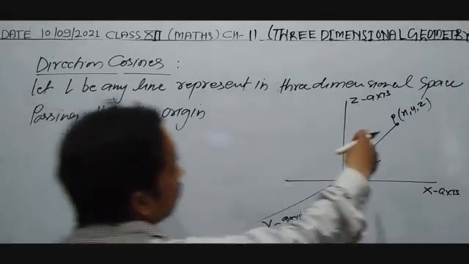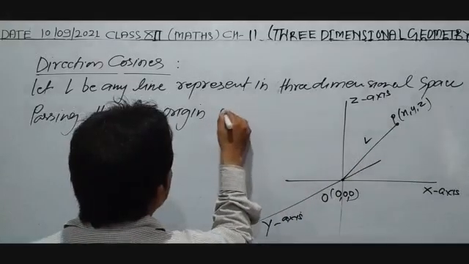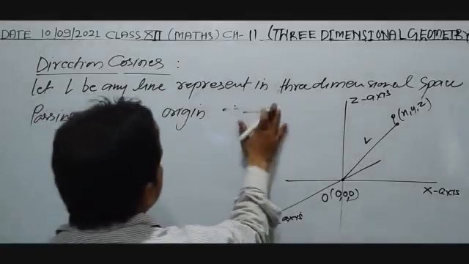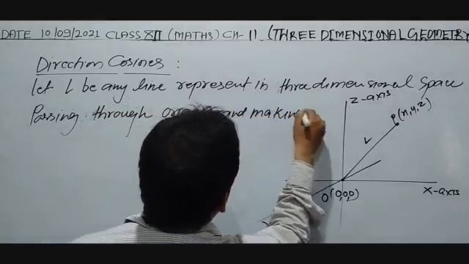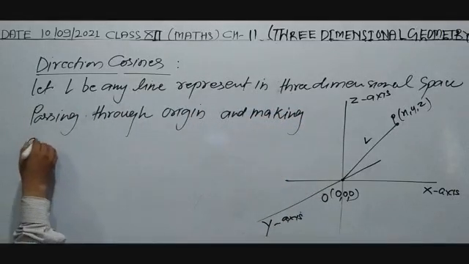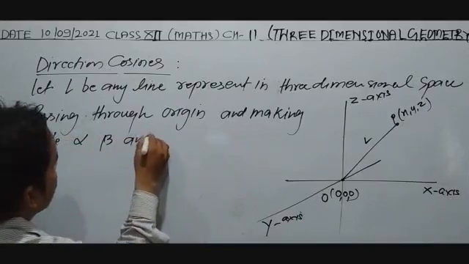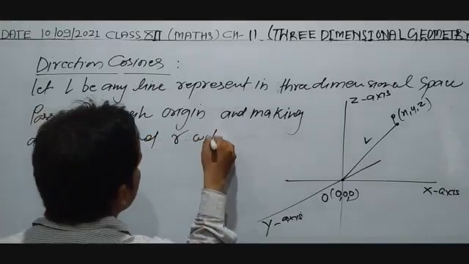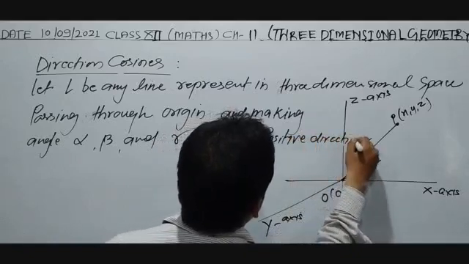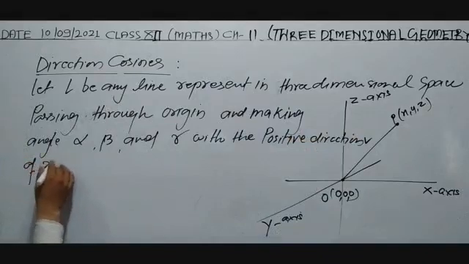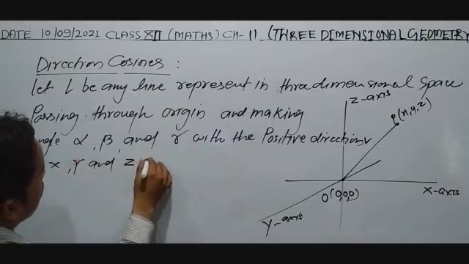So this is the line L, making angles alpha, beta and gamma with the positive direction of x, y and z axis.